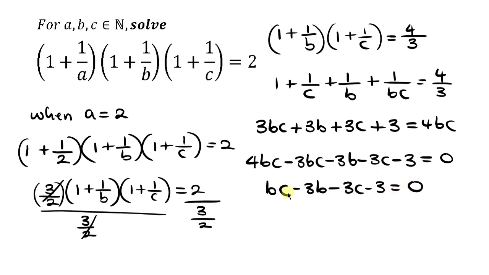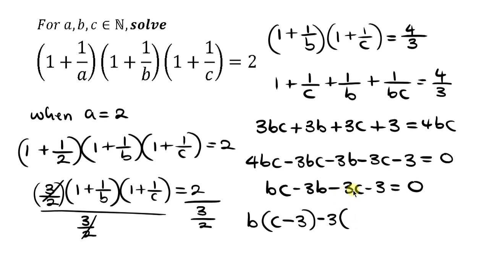Now let's factorize. You notice that B is common, so we can factor out B. So BC divided by B, I have C, minus 3B divided by B, I have 3. And also, you notice that negative 3 is common from here, so we can factor out negative 3.